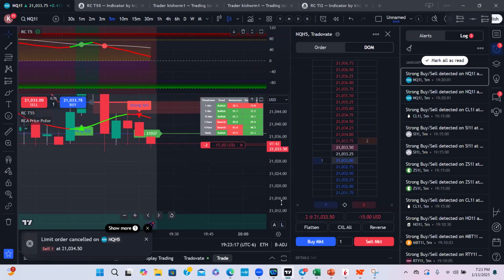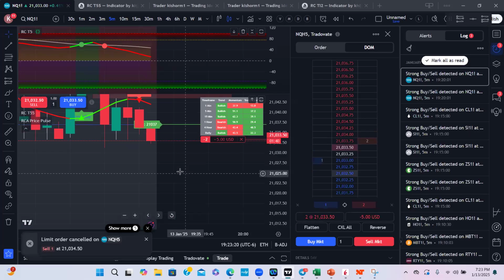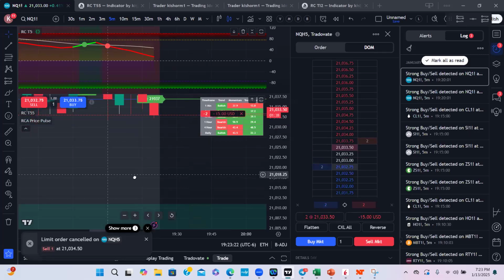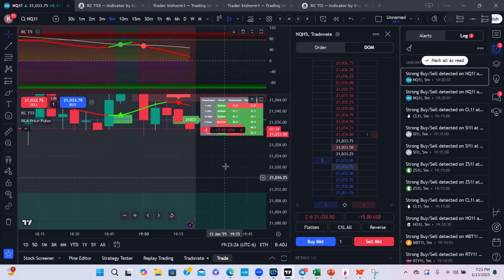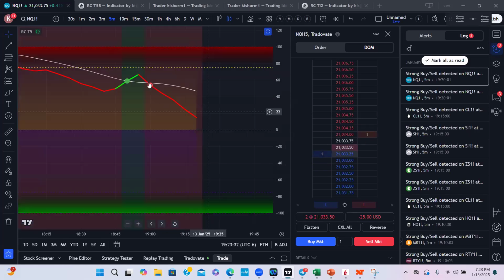Now I took a short on NQ. I can hold until, even if I just make $100 and we can copy the same trade in some 10 accounts, then that is $1,000 profit. Right. So this is looking very bearish. There is a lot of distance between these two lines. So there is a high possibility for a nice drop.